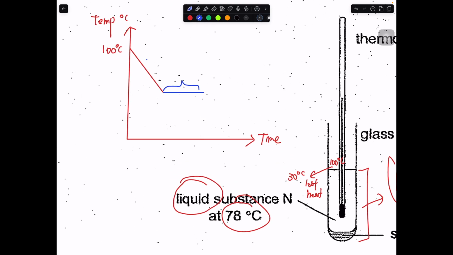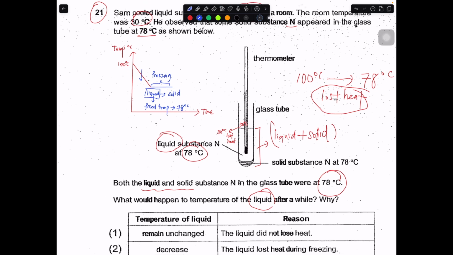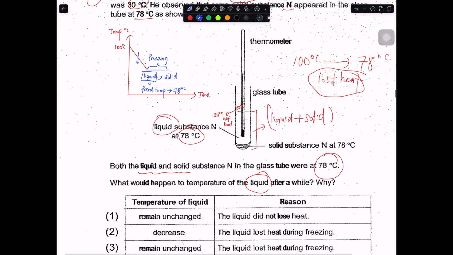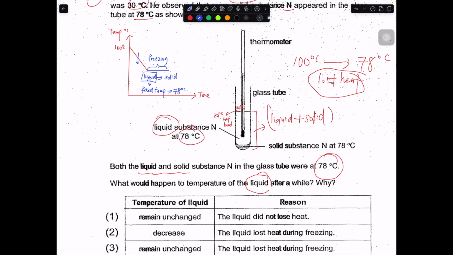And since the temperature here is decreasing, this part should be freezing. The liquid is freezing into a solid. So for this liquid, it will always remain at a fixed temperature at its freezing point, which is 78 degrees Celsius.